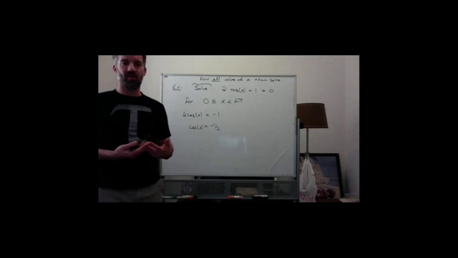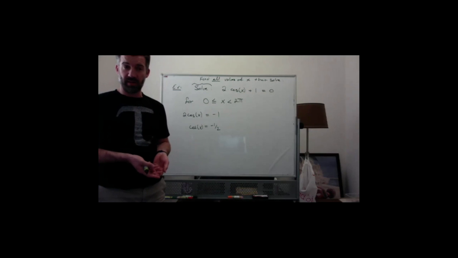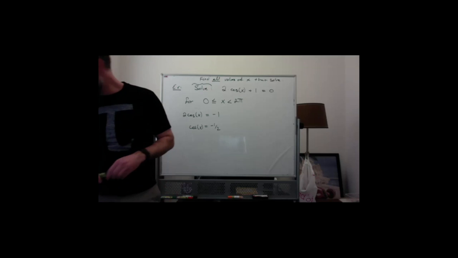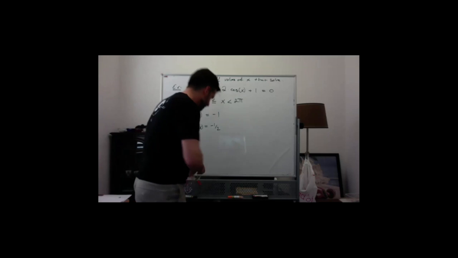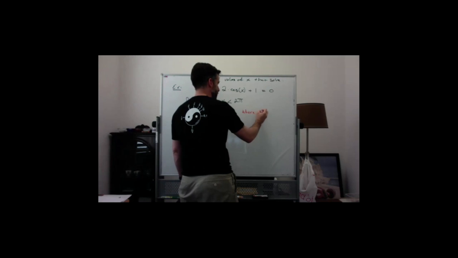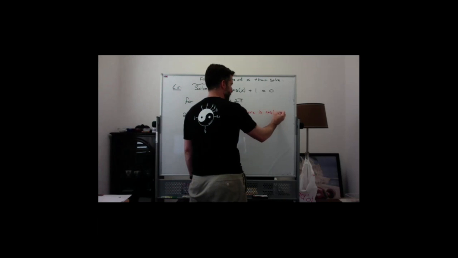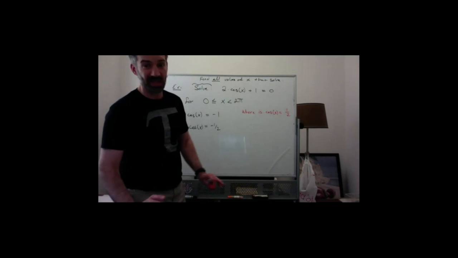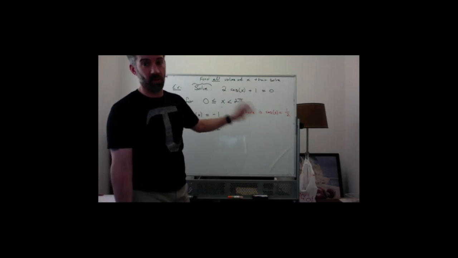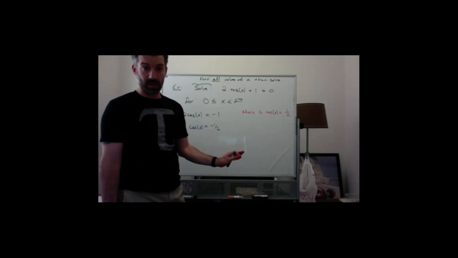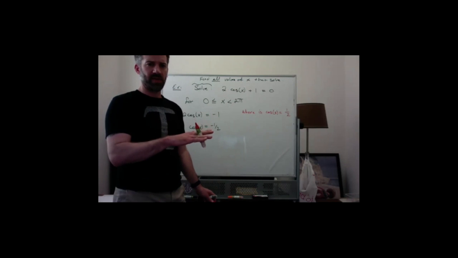I really don't want to worry about if it's negative or positive in the beginning. I'm really just focused on where cosine of x equals +1/2. I know that's not the question I'm actually solving, but that's what I'm going to work on for just a second. So what angle is it in the first quadrant? Is it pi over 6 or is it pi over 3?